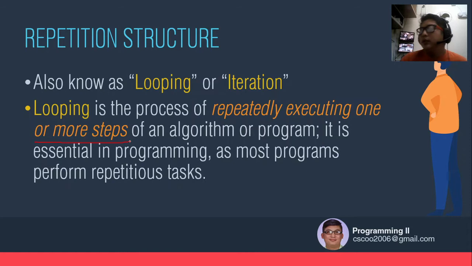The reason is that the majority of programs nowadays require lots and lots of statements, and some of those statements are a repetition of several tasks. So in order to minimize your effort writing tasks with similar statements, a loop is applied.